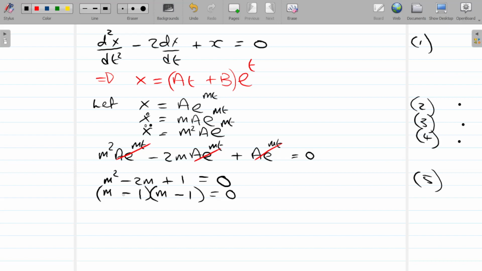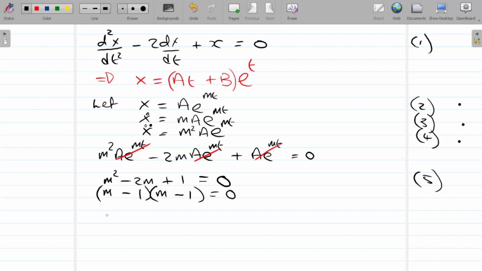So basically, m times minus 1 plus m times minus 1 is the minus 2m, and the two minus 1's multiplied together, or minus 1 squared, gives the plus 1. So we know that we've got the right factorisation in terms of the brackets there.